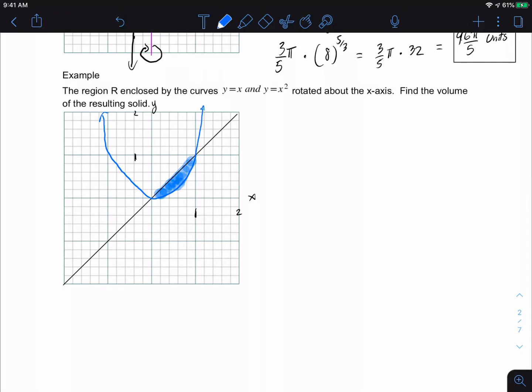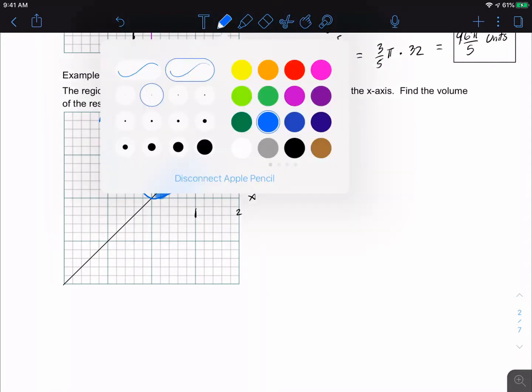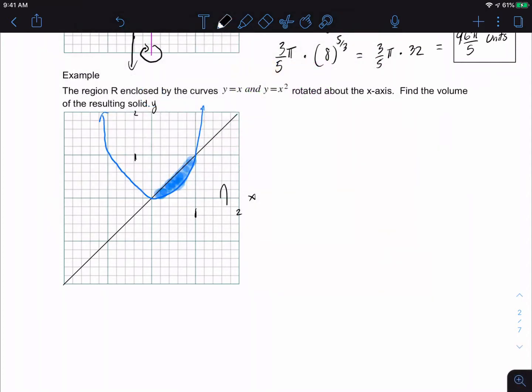Now, what am I rotating about? What axis? We see it's the x-axis, right? And since it's the x-axis and this is the axis of rotation, do we see a gap in the shaded region to the axis of rotation?